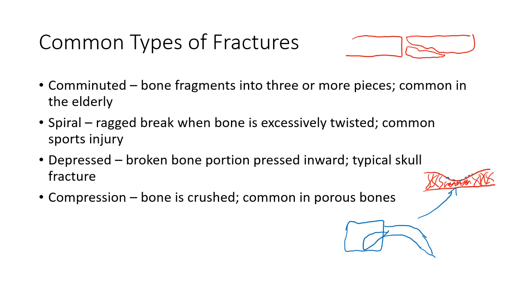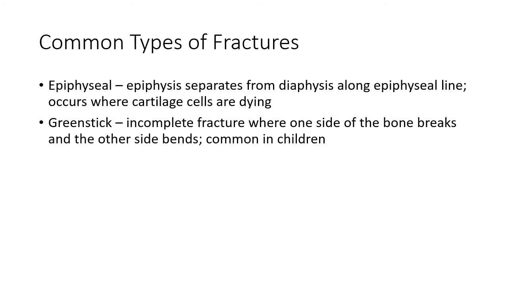And so what happens with that is that the body fractures down, and so it has become crushed on the inside. All of the trabeculae that are on the inside are now flattened down. More common in the elderly, and especially those that are osteoporotic.